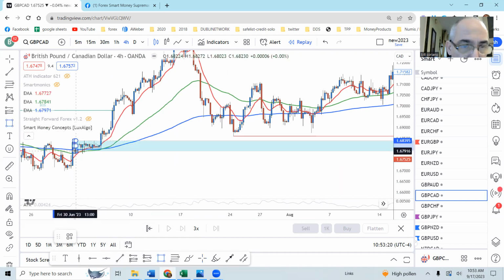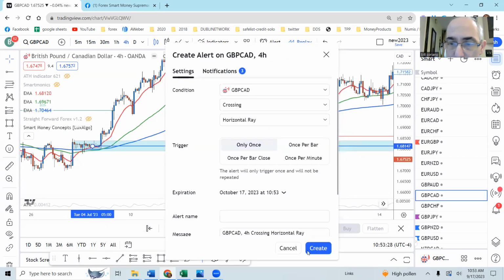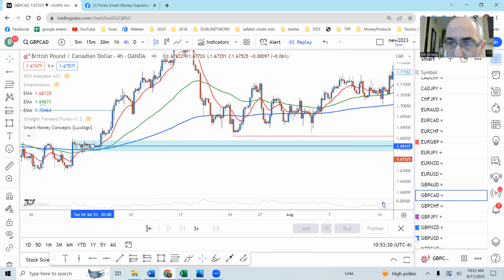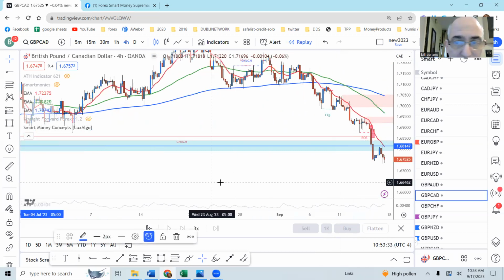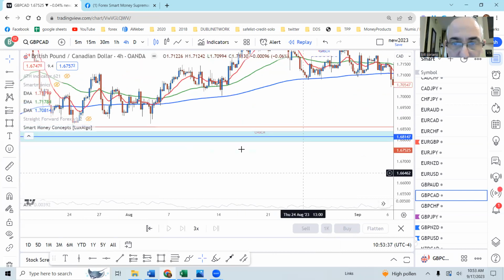So let's kind of just take that whole area there, and then we're going to put our point of interest kind of right about there. That's already been hit. Okay, so it already invalidated that area, right? So just to show you that.